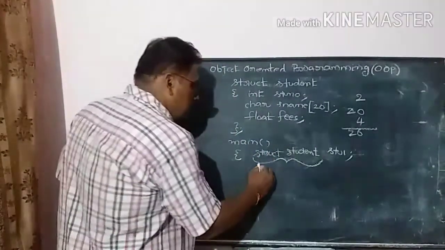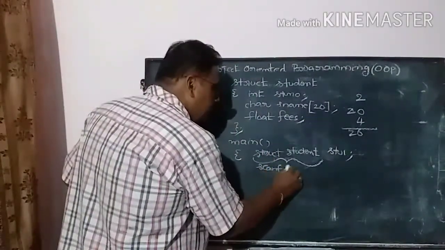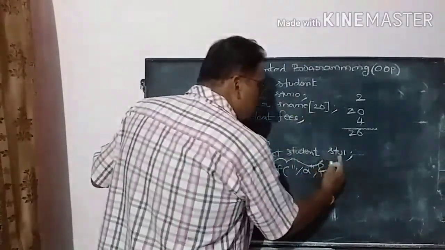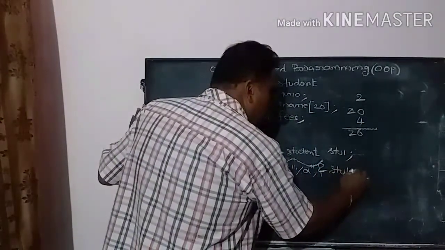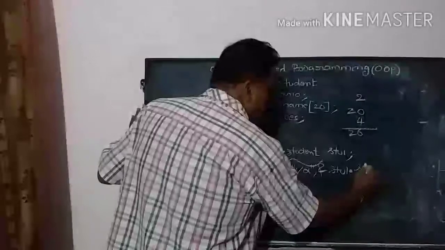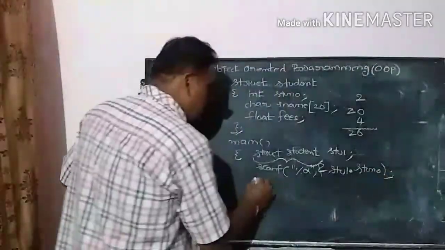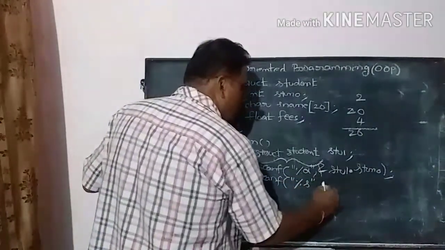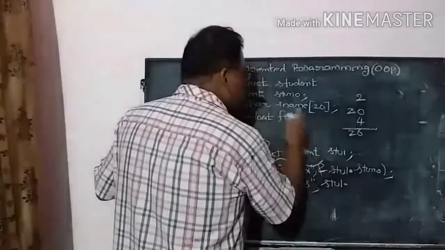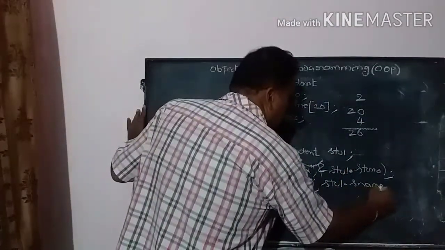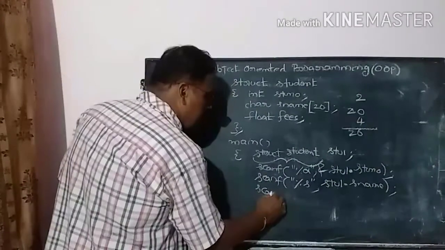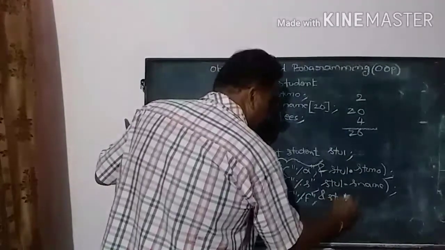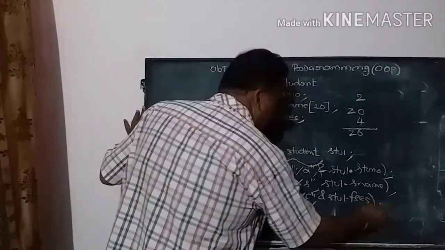Now scanf %d ampersand. Here what is the variable? stu1 dot data item, stu number, and again scanf %s stu1 dot sname, scanf %f fees.